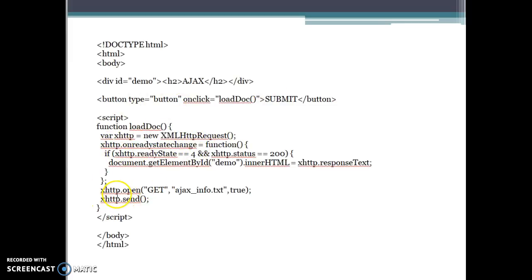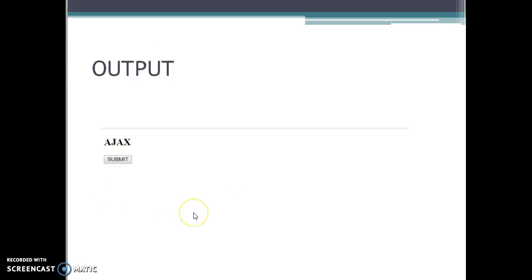Here are the two methods which are created to send the request to the server. I've used the get function, and here's a true, so it's asynchronous, and script tag is being closed. Here is the output for this above example.